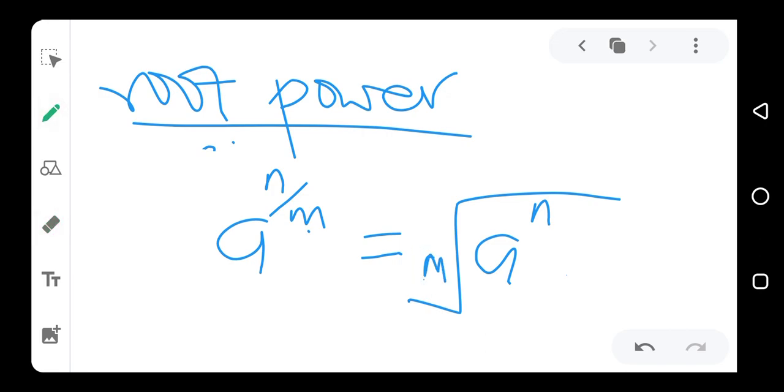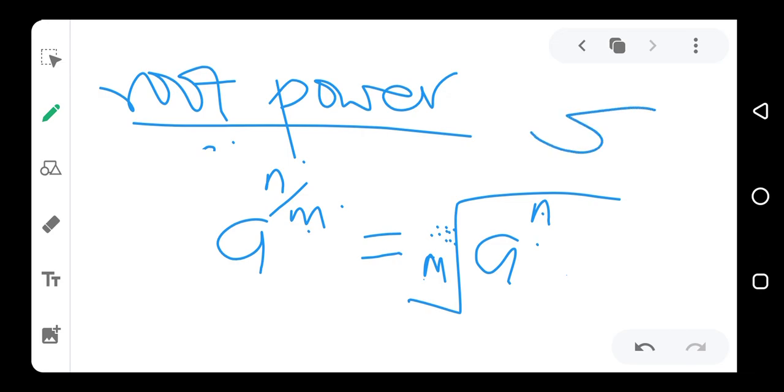So if 1 is the numerator, you raise the a to power 1, and if 2 is the denominator, you write 2 here. But normally, if it is 2, 2 here means square root. We don't always write the square root, that is the 2. We just write the square root symbol, which is this.